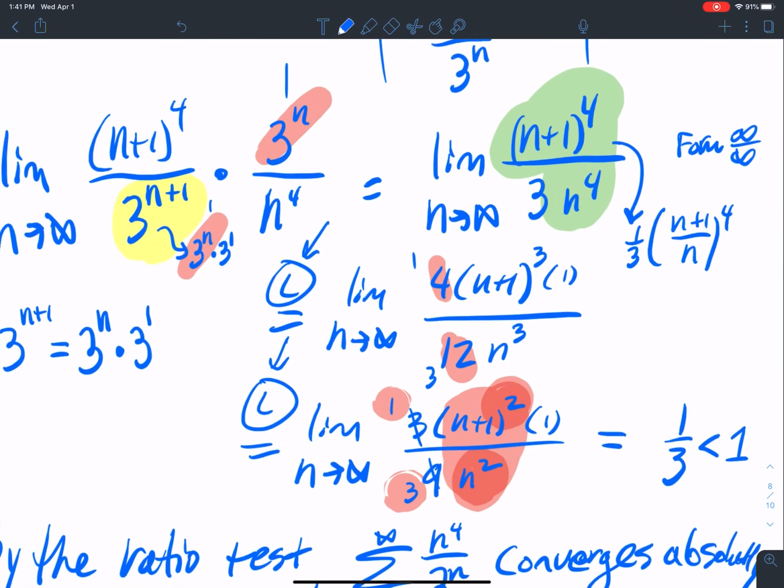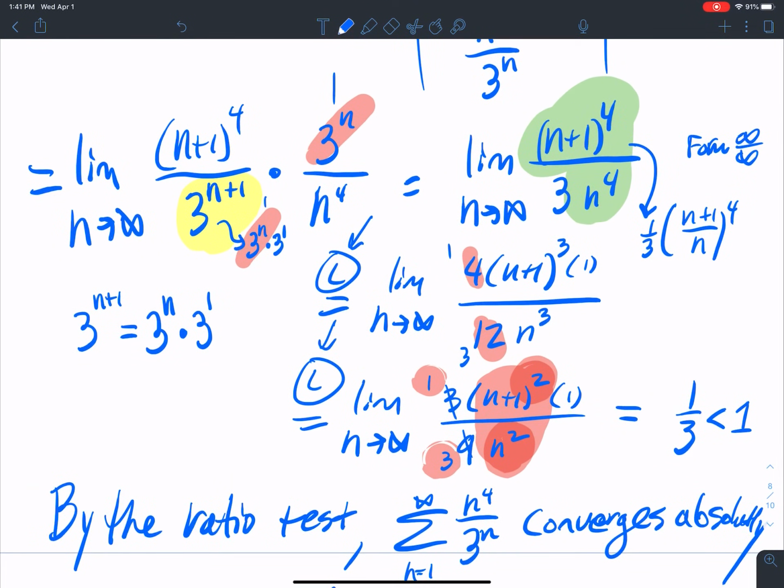Then you could bring the limit inside, and you see that n over n both have a lead coefficient of 1. So as n goes to infinity, this goes to 1/3 times 1 to the 4, which gets you the 1/3 that you had here.